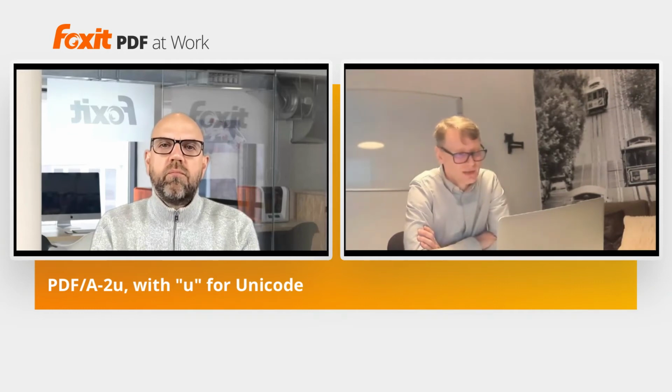But when you have to extract data from that file, select and copy out and paste in your favorite viewer, like Foxit Reader, for example, then you don't have the guarantee that these Unicode values would be there. That's why we have PDF A2U. U stands for Unicode. So yeah, a lot of different flavors.